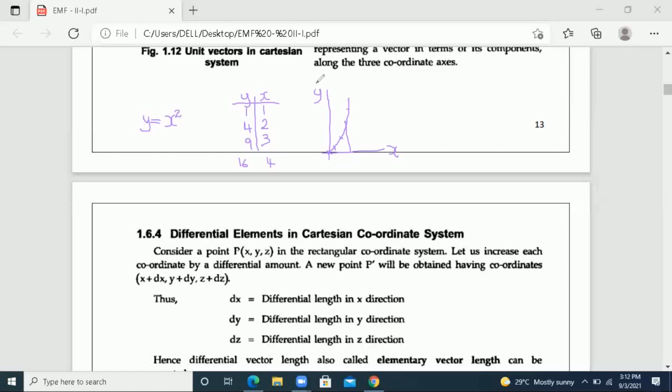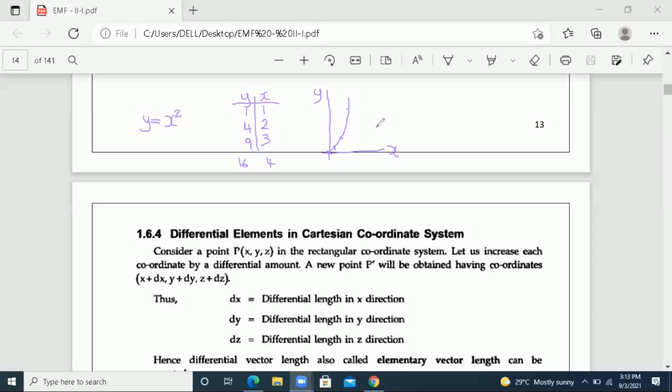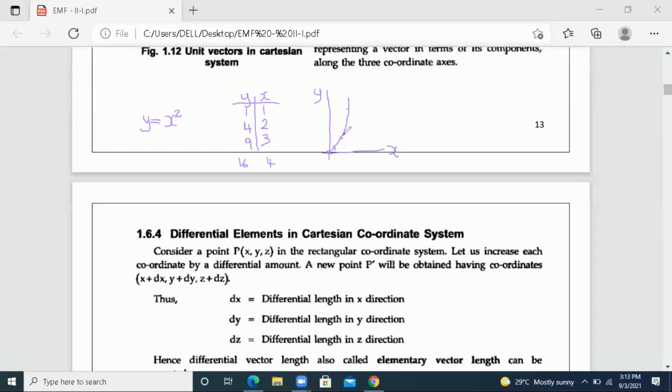Now, for this graph, I want to find the gradient at this point, at some point here. What do I do? Rise over run. At that point, right?